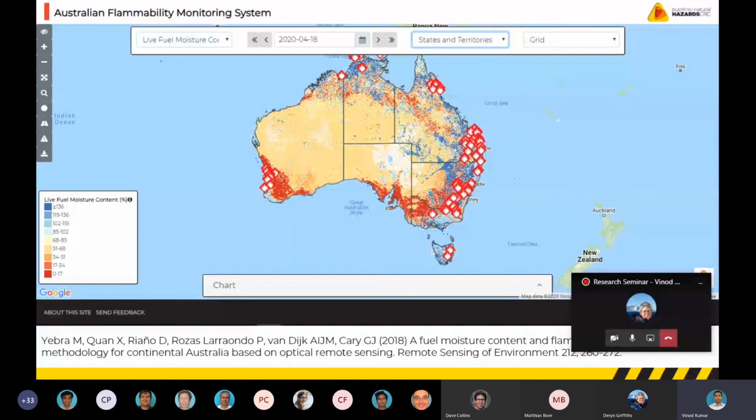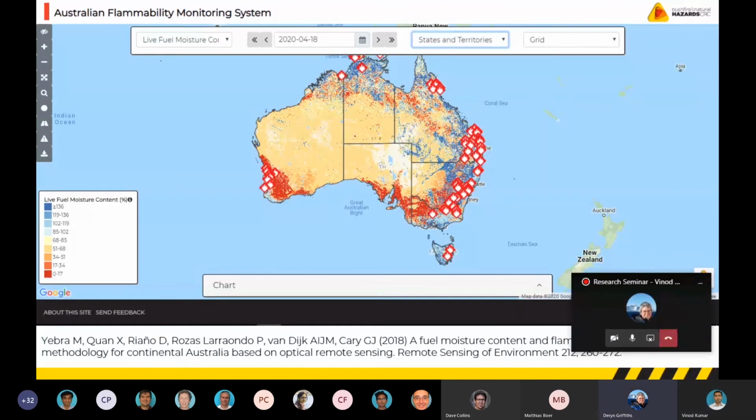JASMIN is also hosted by the Australian Flammability Monitoring System, but only the top two layers of soil moisture are available through it. If you want all 4 soil layers, you might have to access it through the THREDDS server. If you are interested in that data set, contact us, and we are happy to help you download it.